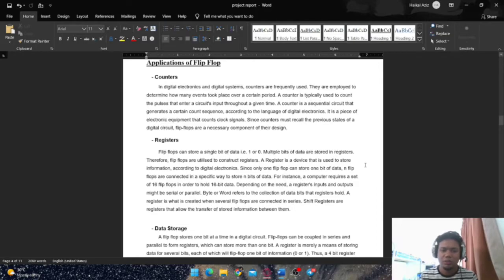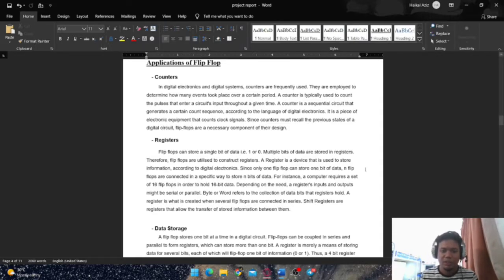Since only one flip-flop can store one bit of data, flip-flops are connected in a specific way to store n bits of data. For instance, a computer requires a set of 16 flip-flops in order to hold 16-bit data.